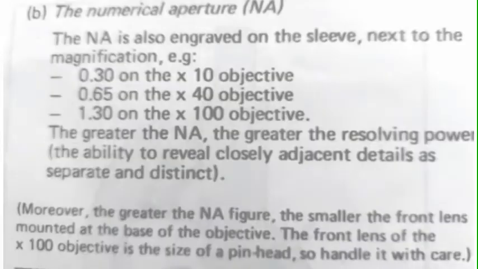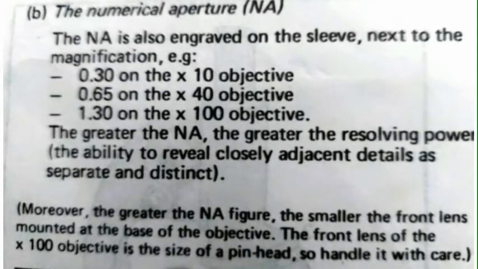The second is the numerical aperture. The numerical aperture is also engraved on the sleeves next to the magnification. For example, 0.30 on the X10 objective, 0.65 on the 40 objective, 1.30 on the 100 objective.